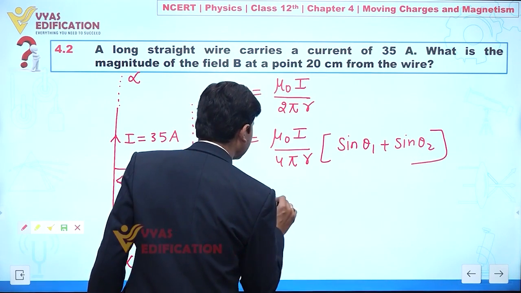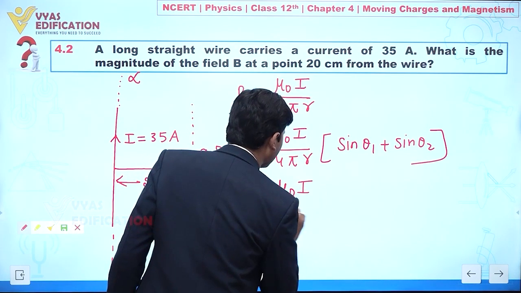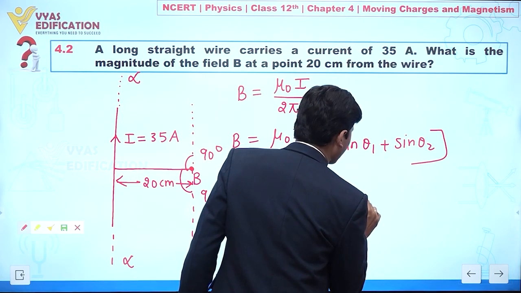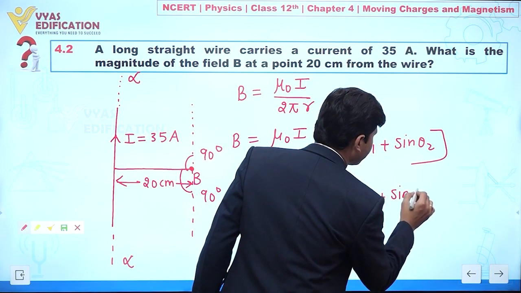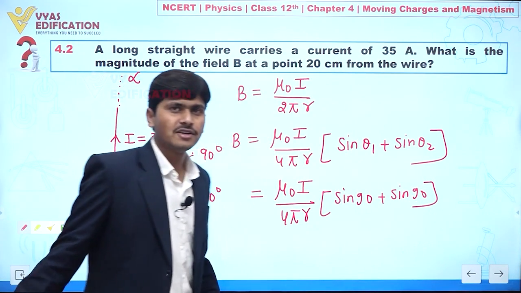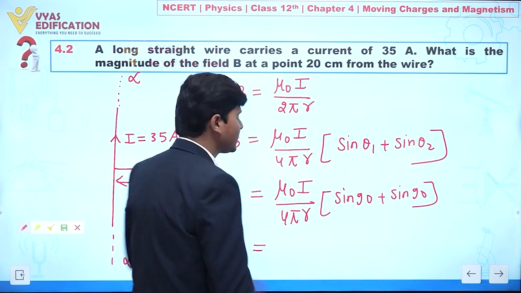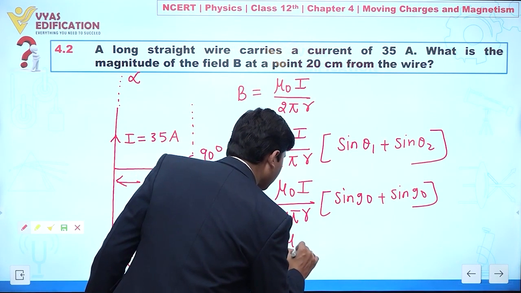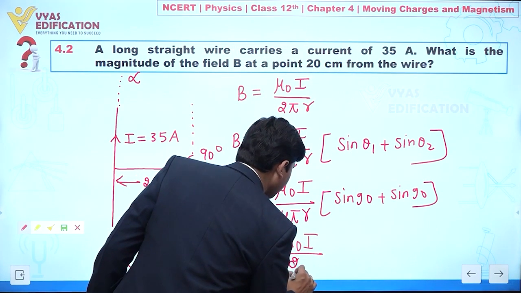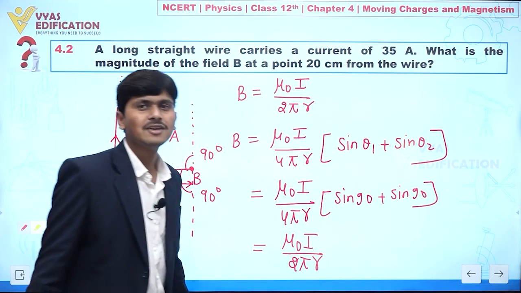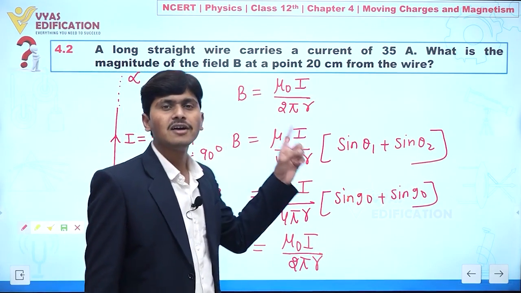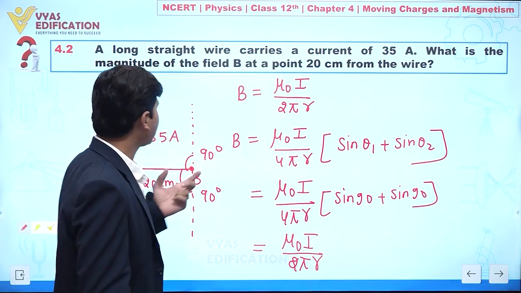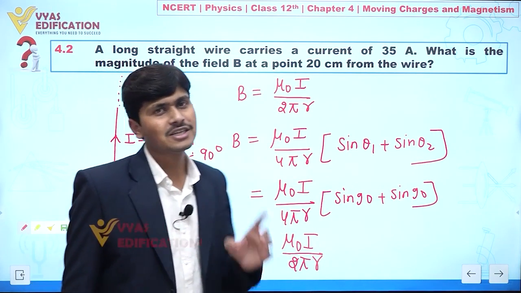So this is given by mu naught I upon 4 pi r times sine 90 plus sine 90, which is 1 plus 1 equal to 2. So it is given by mu naught I divided by 2 pi r. Like this we can derive the formula of magnetic field due to a long wire, calculated at a distance r from the straight wire.